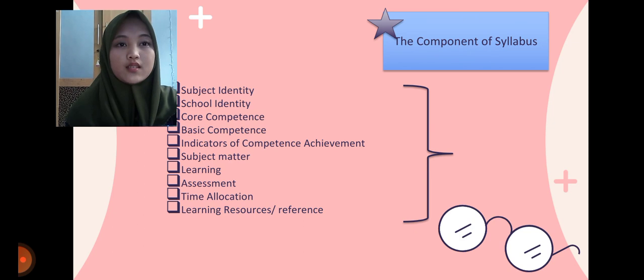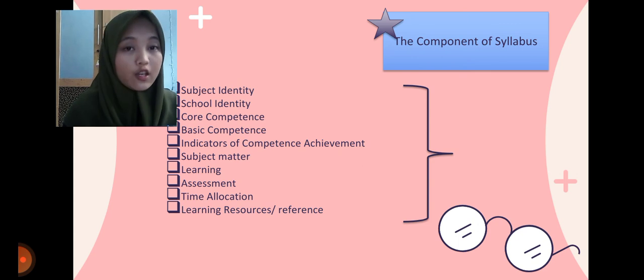Core competence, an overview of competencies in the aspects of attitudes, knowledge and skills that must be learned by students for school, class, and subject levels. And then basic competence, specific abilities that include attitudes, knowledge and skills related to content or subjects.